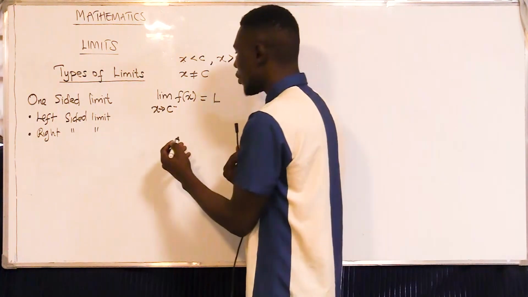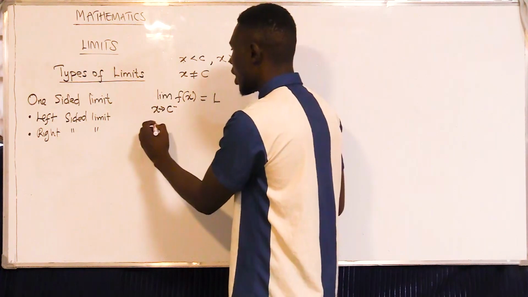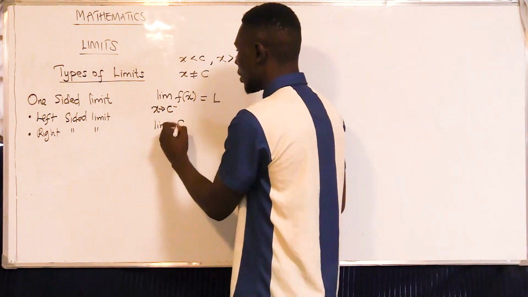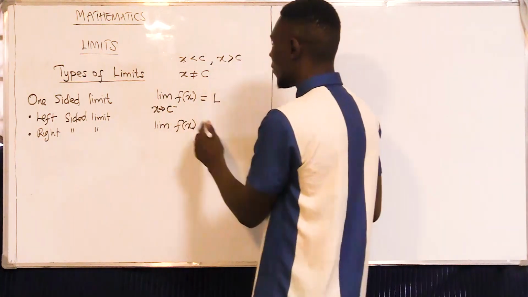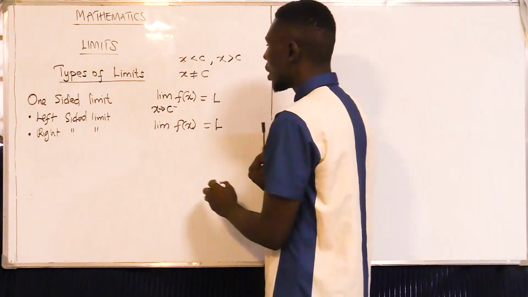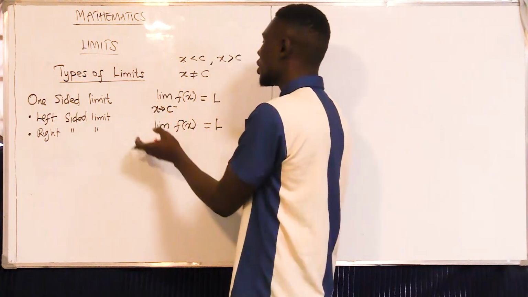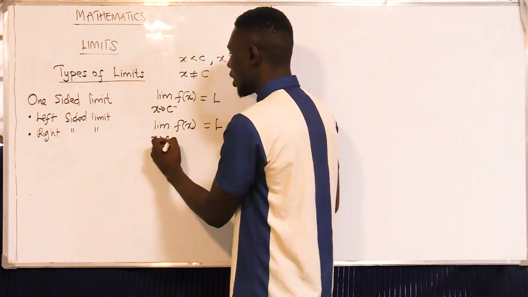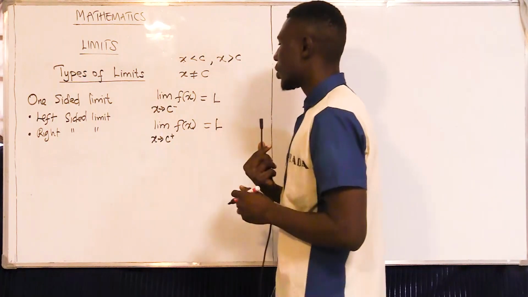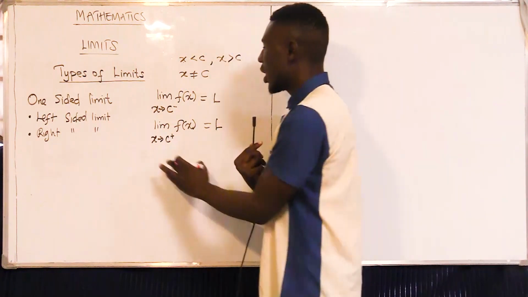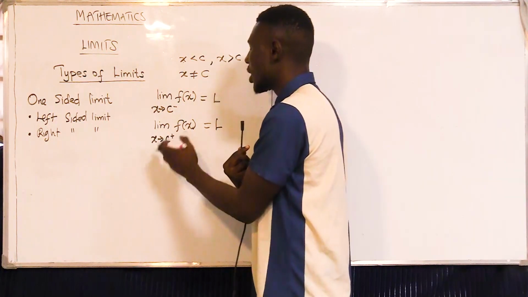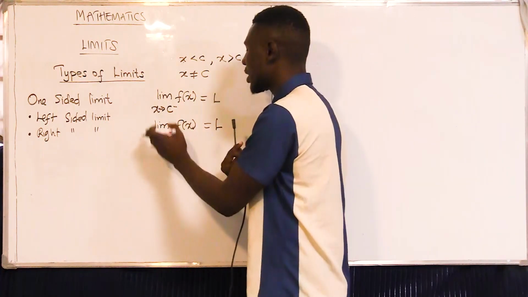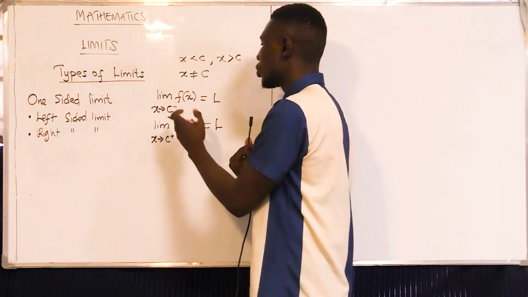The other type of limit is where the limit of our function equals L as x approaches c from the right. So we indicate a positive. This tells us that x is approaching c from the right, that is to say x is greater than c but close to c.